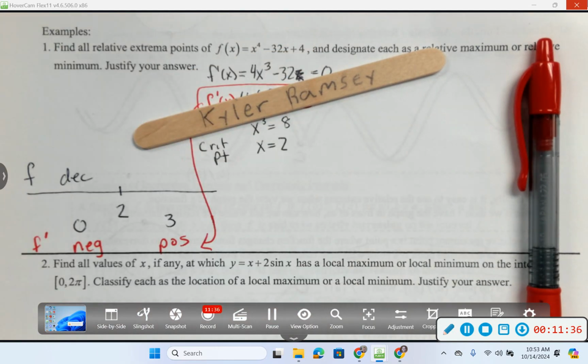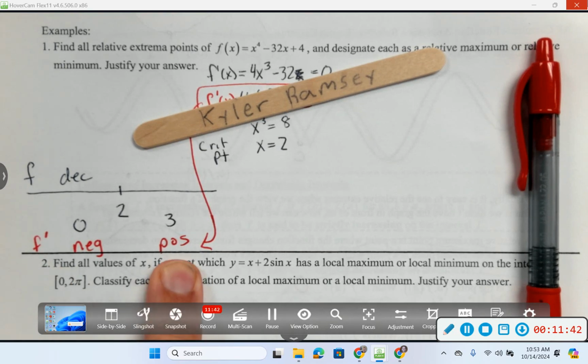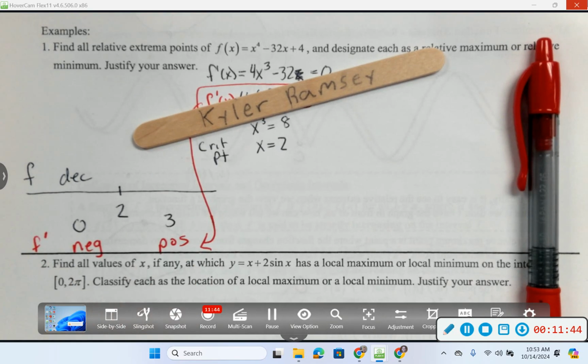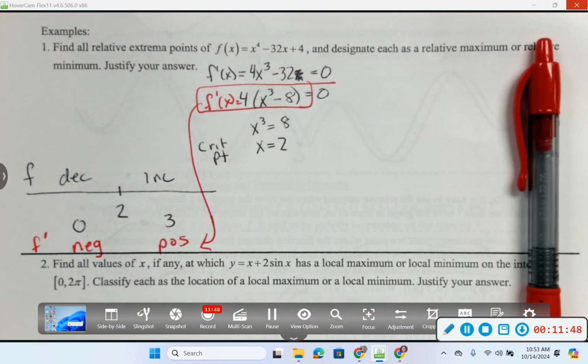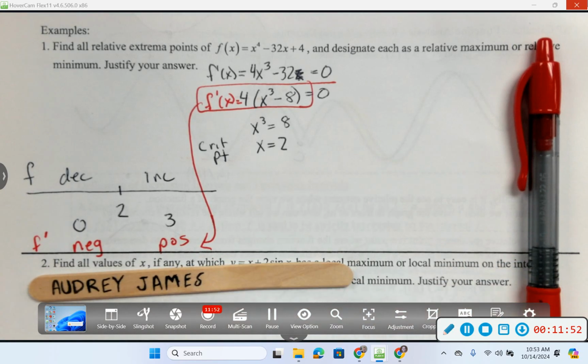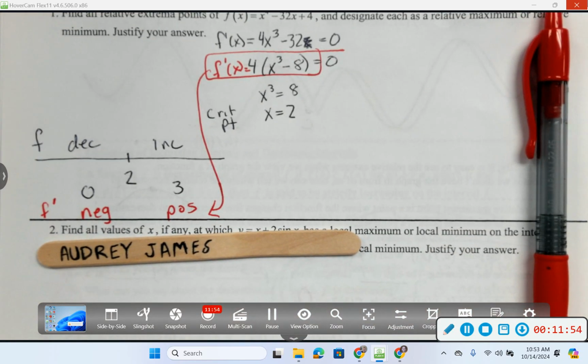But going down is fine. Kyler, if f prime is positive, what does that tell me about f? It's increasing. Okay, I think I'm ready to make a conclusion, Audrey, about what's going on at x equals 2. What's happening there? Max or min or neither?